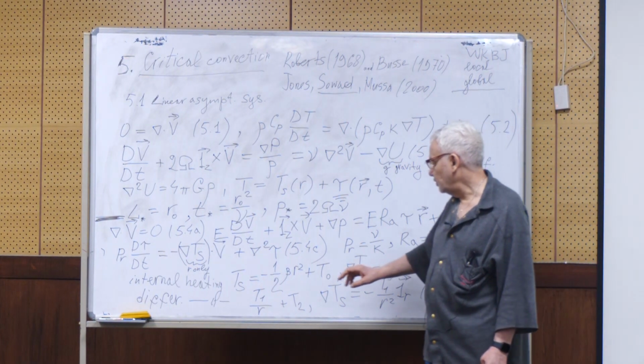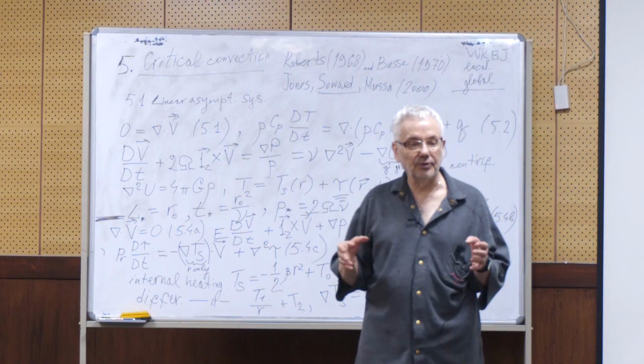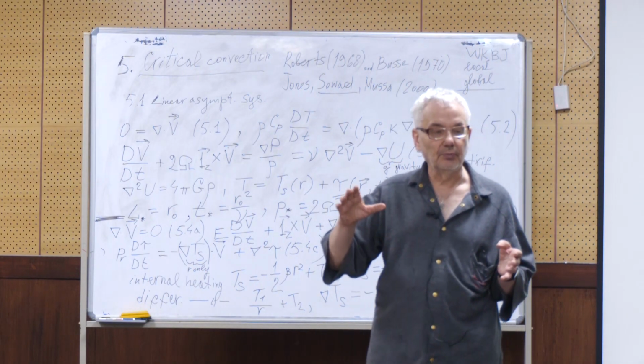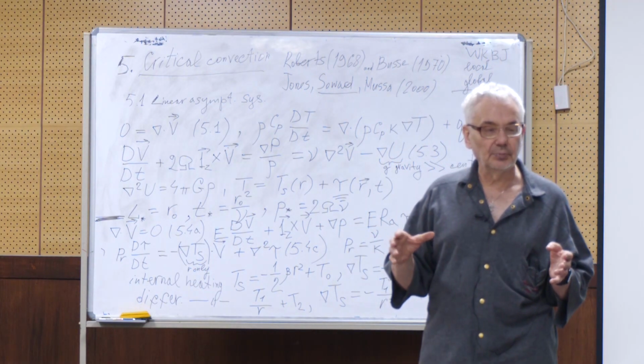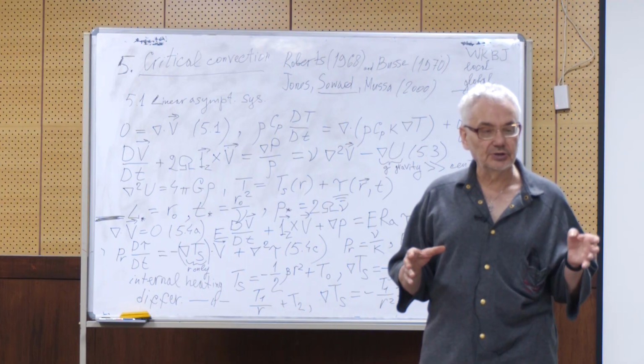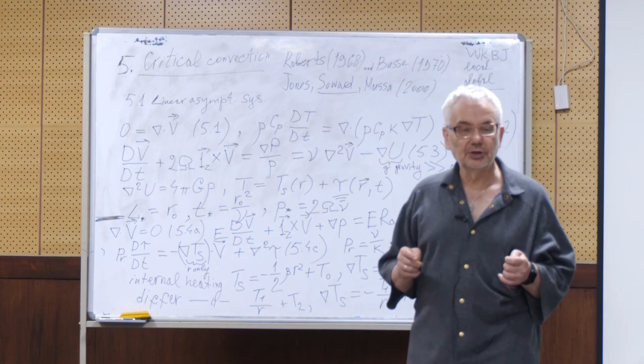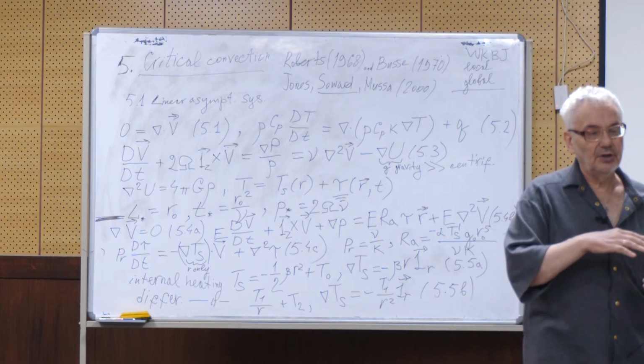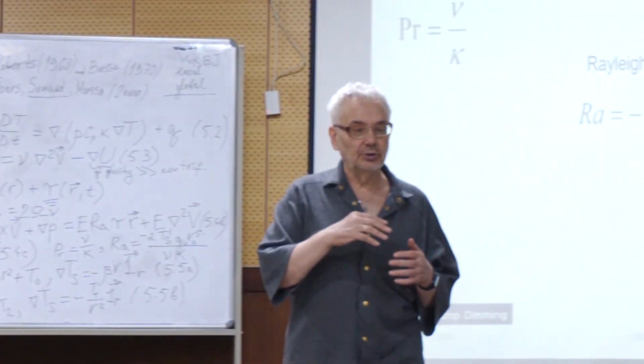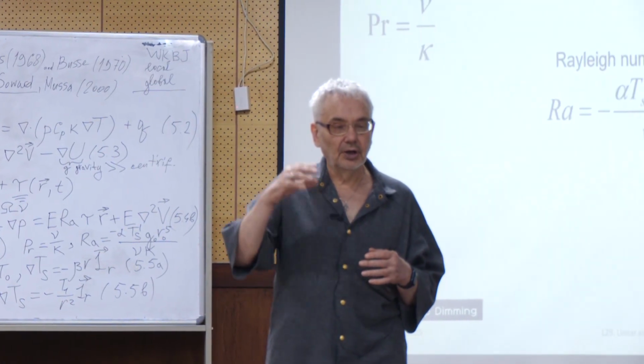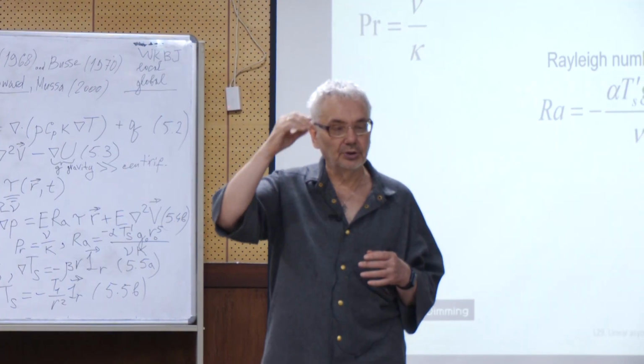But in the case when we have differential heating, because as you are asking, we put one boundary at one temperature and another at another temperature. Usually, for the Earth, we have the inner boundary at higher temperature and the outer boundary at lower temperature.